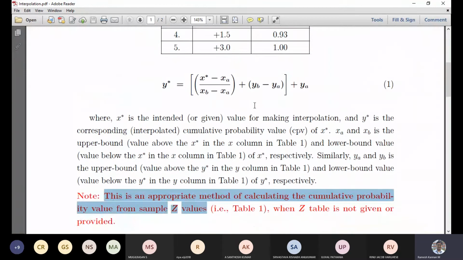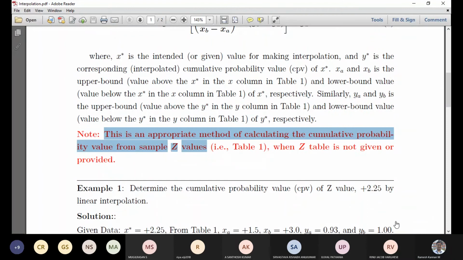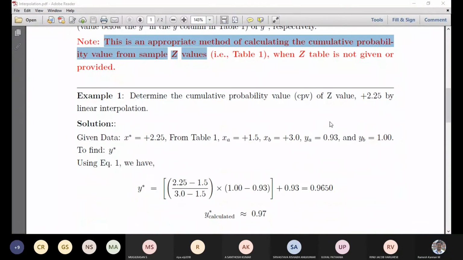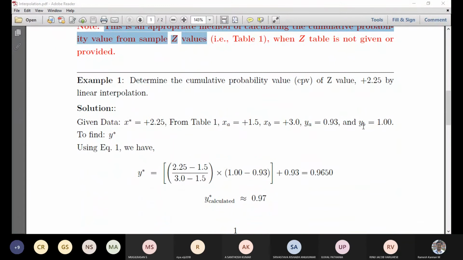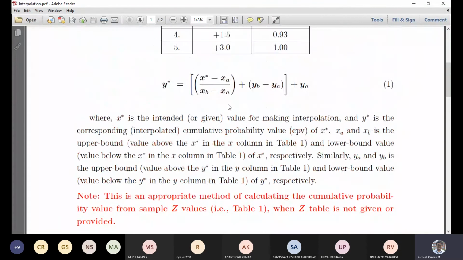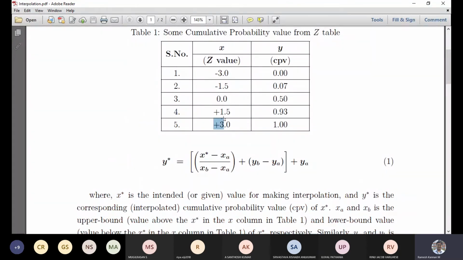Let's take a look at this example. In this case, we will find the CPV, the cumulative probability value, for a Z value of plus 2.25. Plus 2.25 falls between plus 1.5 and plus 3, and the value will lie between 0.93 and 1.